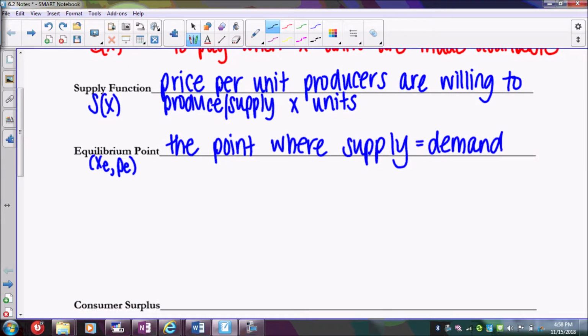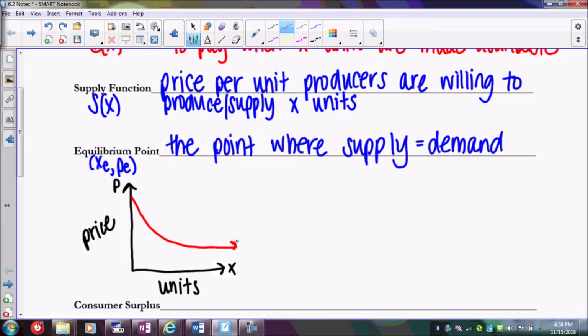So visually, let's just take a look at what that looks like. If we have a graph here, and let's say this is our x and this is our y, or p in this situation. So this would be price on the y-axis, units on the x-axis. Our demand function is going to be decreasing, something like this. This would be our demand function, d of x. And then our supply function would be increasing.